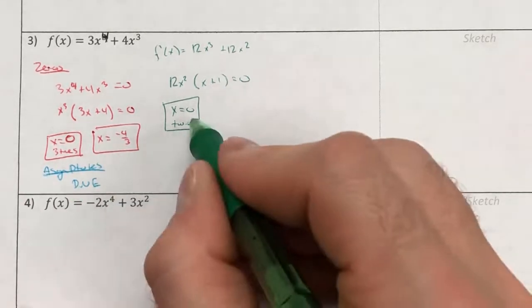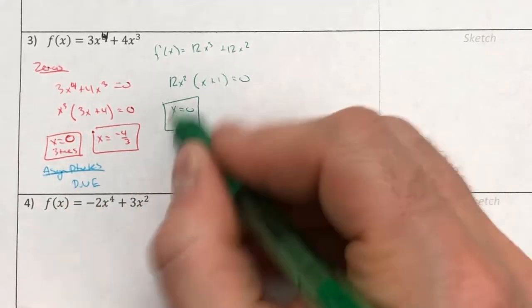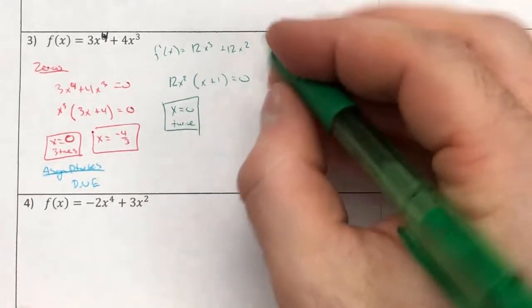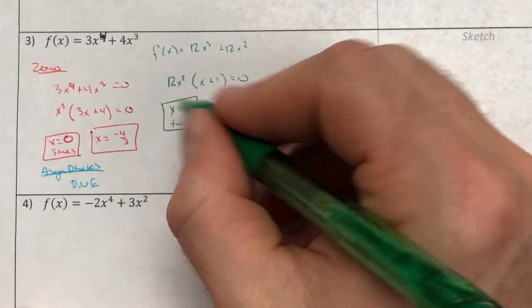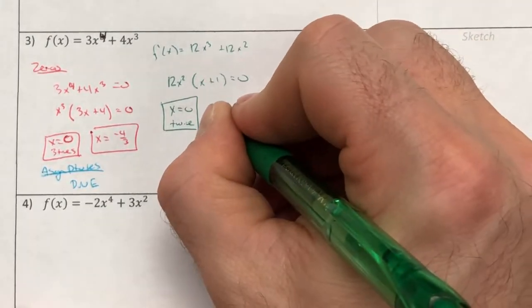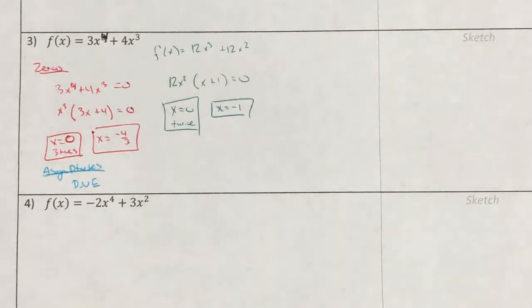And again, I'm noticing there's something confusing going on. If I have a 0 multiple times, I have a maximum and a minimum point occurring at the same place twice, or maybe double max or double min. Not really sure how to interpret that just yet, but let's see how it goes. And then right here, x equals negative 1. Awesome.